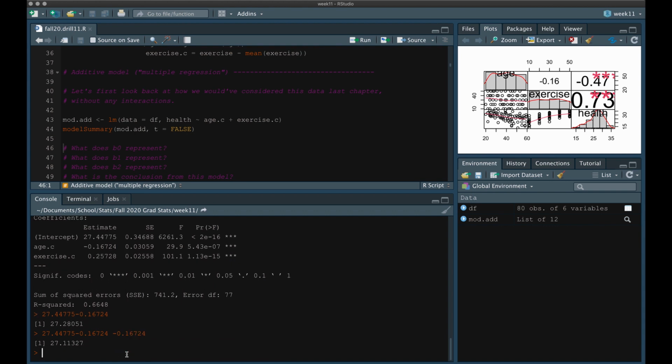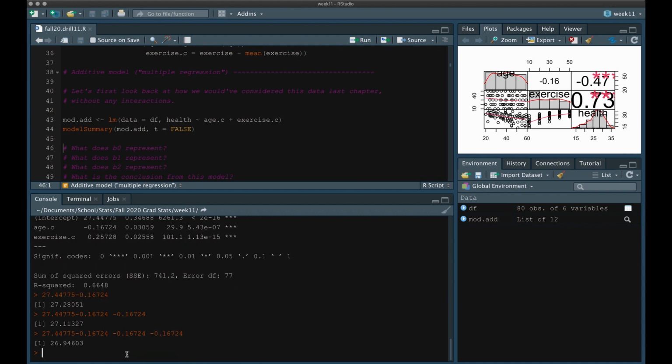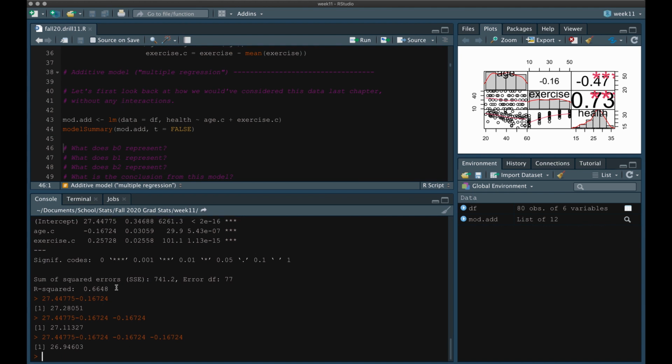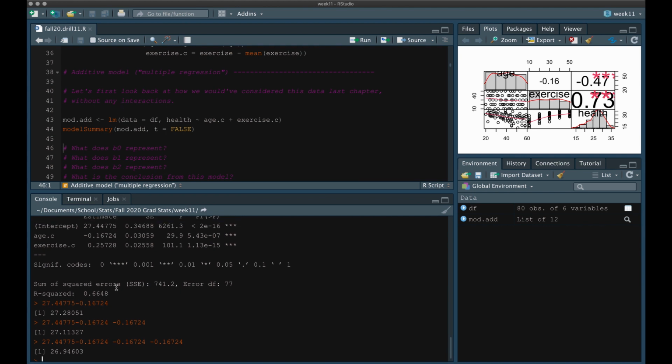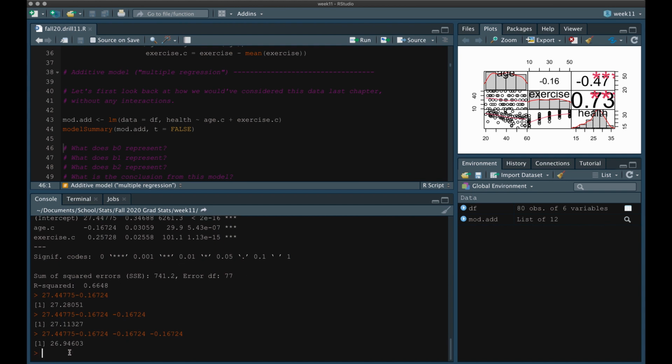For somebody who's 42, it'd be 27.11. Somebody who's 43, it'd be 26.94, etc. All of that is conditional on holding exercise constant at its average, that 30 hours per month.